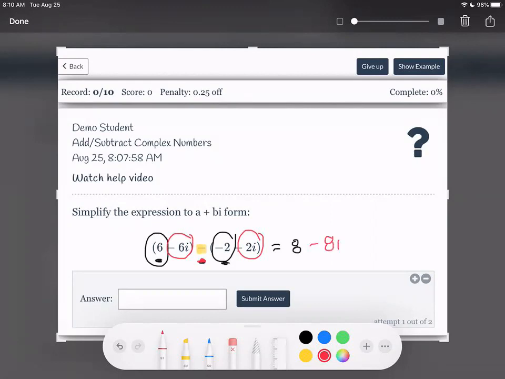So it's -6i minus 2i equals -8i. So then our final answer is 8 minus 8i. And how we did that is we combined the plain old regular numbers, and then we combined the i numbers, and we got 8 minus 8i.